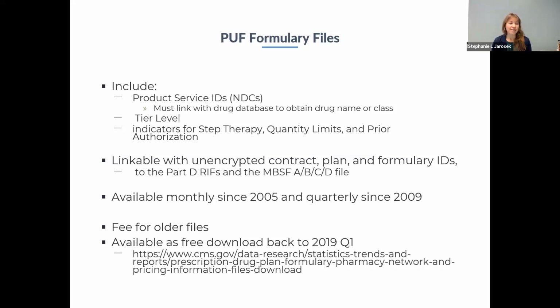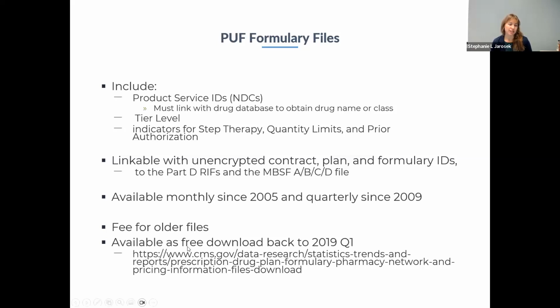And then, because these have the NDC codes, you can link these with unencrypted contract, plan, and formulary IDs. You can link them to the Part D RIFs and the MBSF data. So because you have contract, plan, and formulary ID, you are able to link.